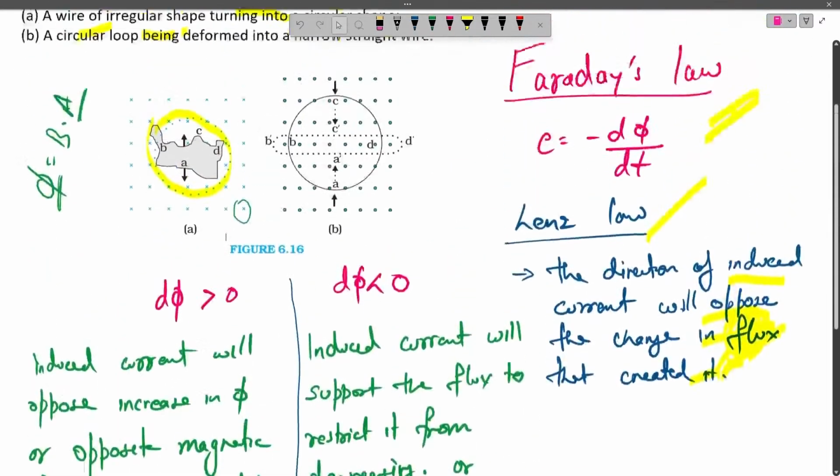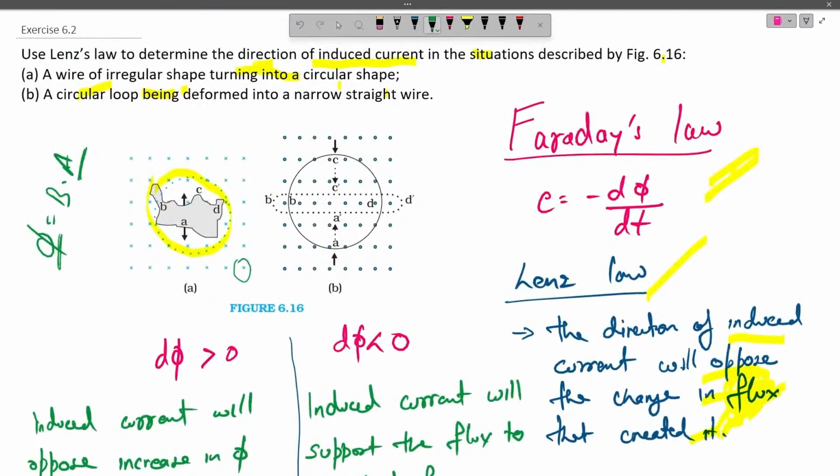In order to create a magnetic field coming out of the plane, the current has to flow in the anti-clockwise direction, that is A, D, C and B. By applying the right hand thumb rule, if the current flows in the anti-clockwise direction, the magnetic field will be coming outward, and that's how the current will be induced.